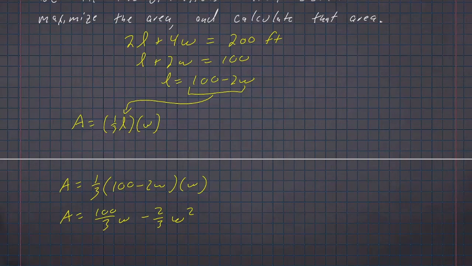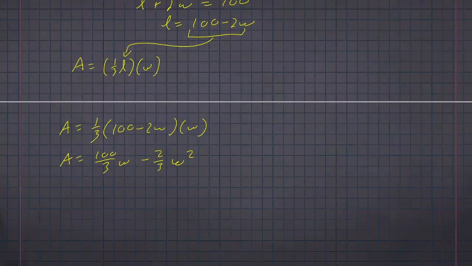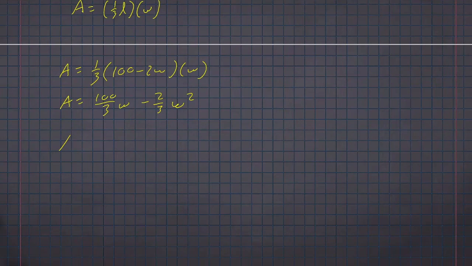So if I rearrange just a little bit, I get that big A is negative 2/3 W squared plus 100/3 times W. And I'm going to even put in a plus 0.